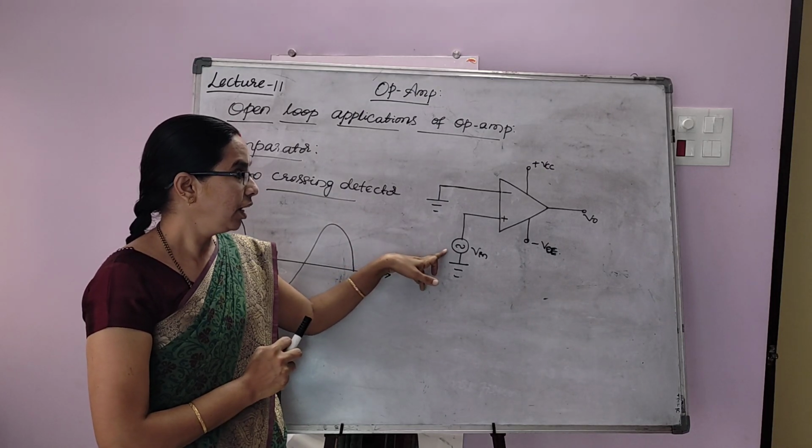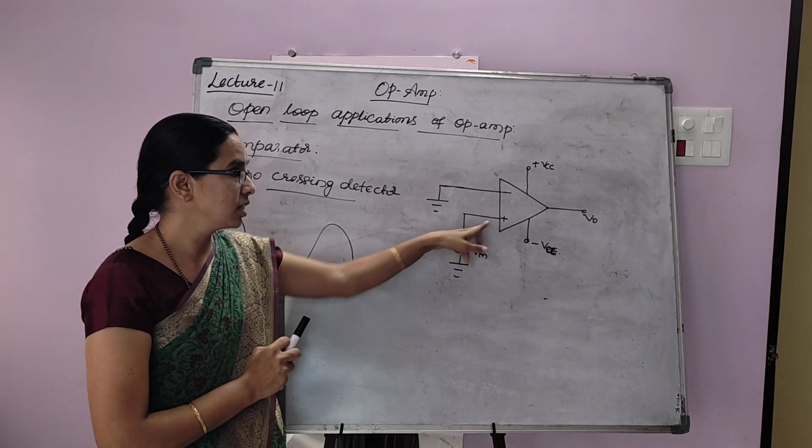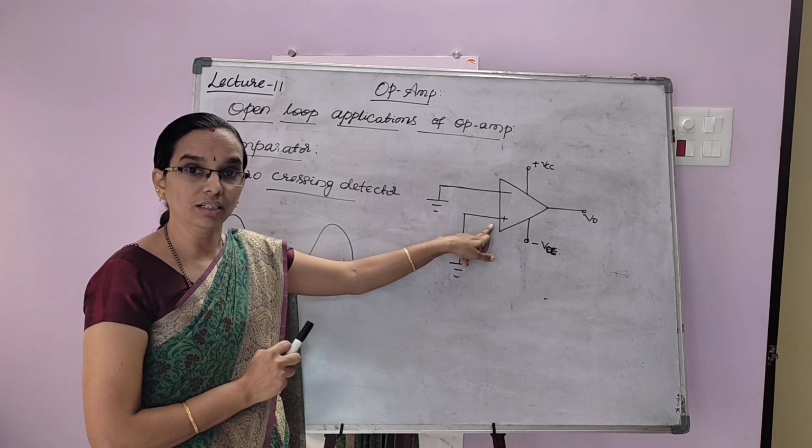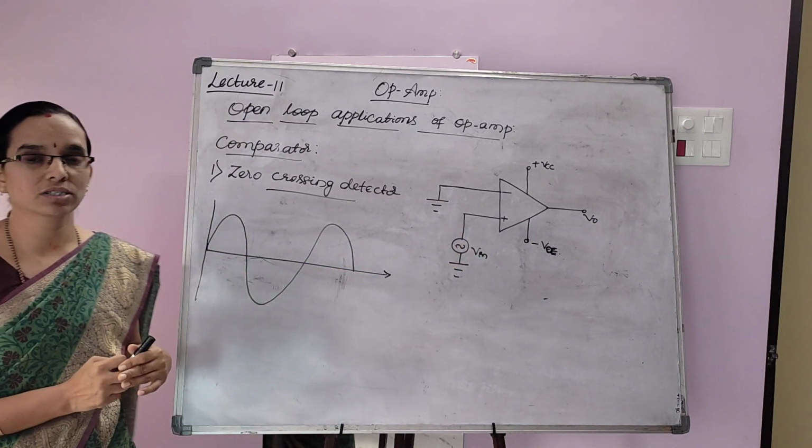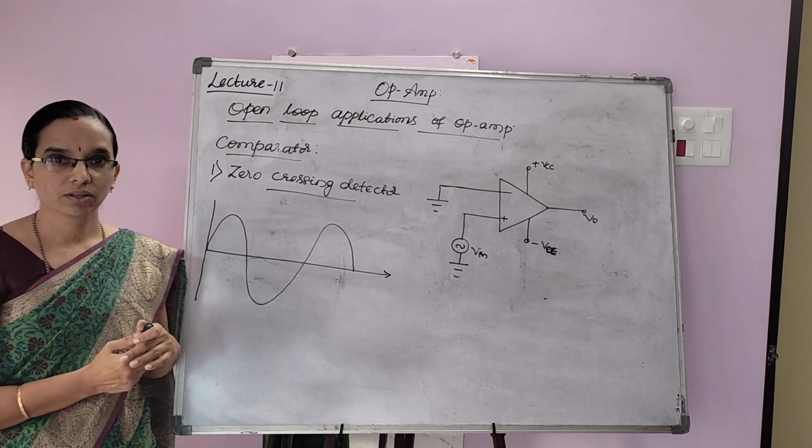Here the input to be compared is given to the non-inverting terminal of the comparator. So you can call it a non-inverting zero crossing detector. Okay.